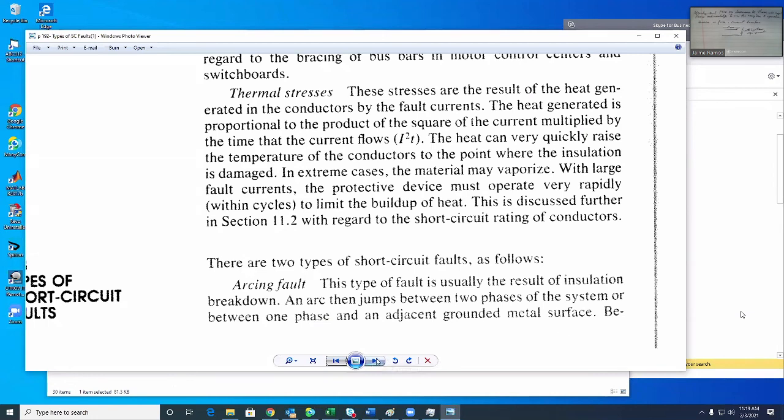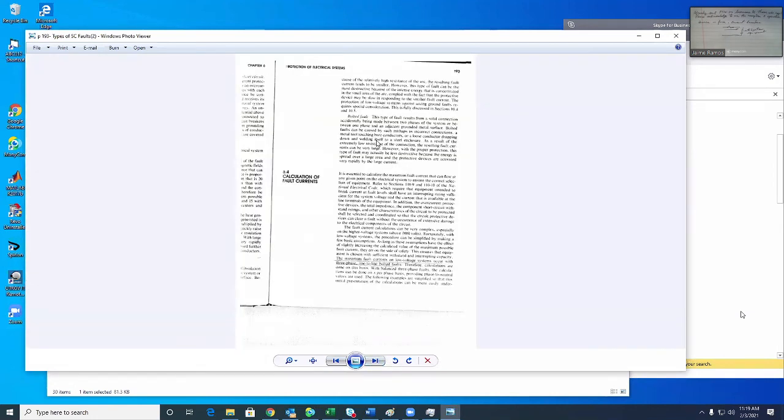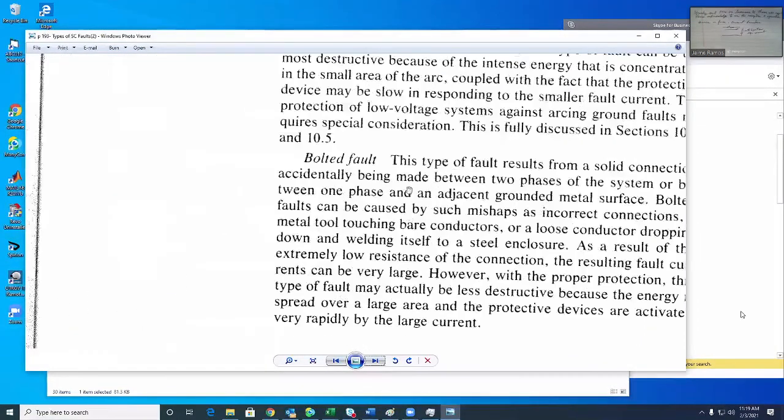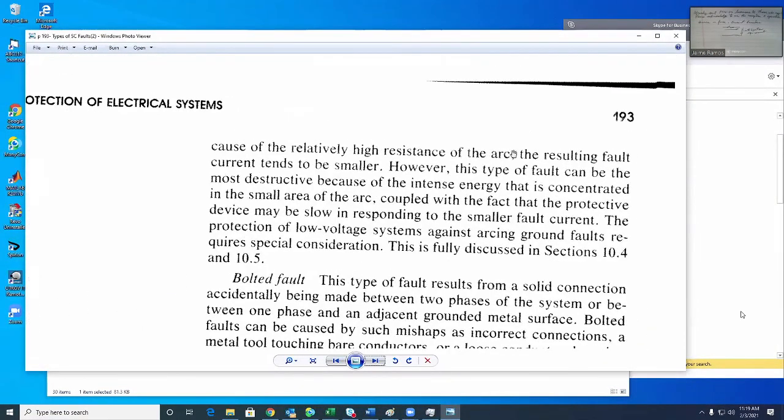Because of the relatively high resistance of the arc, the resulting fault current tends to be smaller.